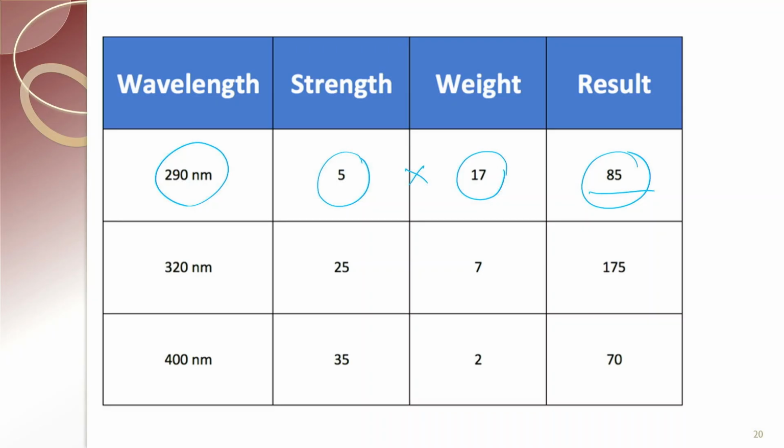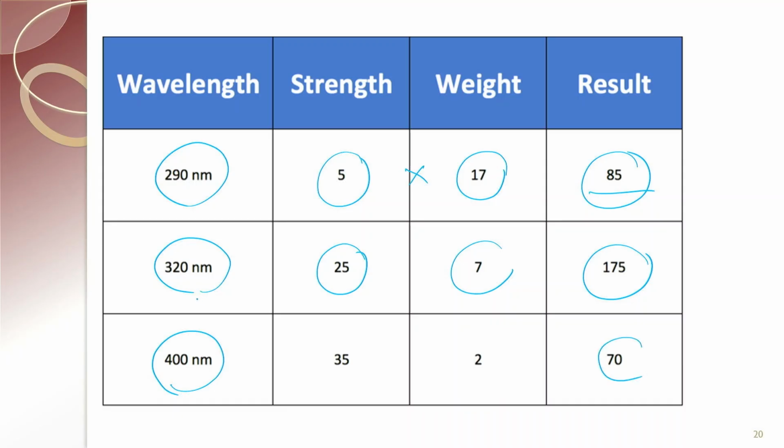Similarly, for the 320 nanometer wavelength, it is 175. So, 25 is the strength and 7 is the weight, giving 175, and at 400 nanometer it is 70.